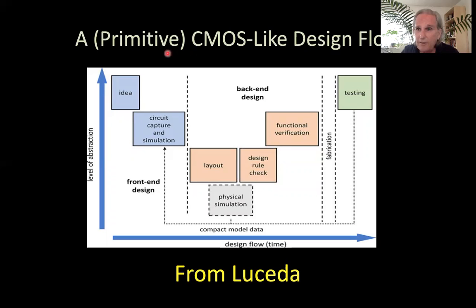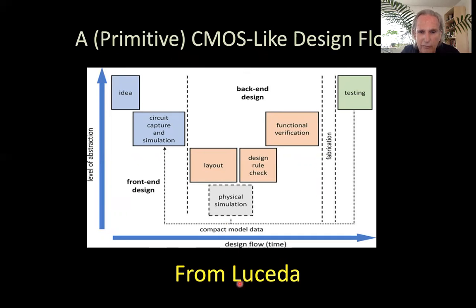Let's go back and talk a little bit about CMOS design flow, or why this requires foundry fabrication. This is from Luceda. Luceda Photonics is a company in Ghent in Belgium. It's near the main foundry, the Inter-University Microelectronics Consortium of Europe, IMEC, which is in Leuven, Belgium, near Ghent.